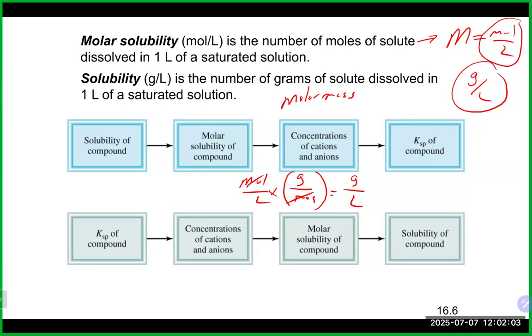At that point, you should do an ice table. And when you do solve in that ice table, that will give you the molar solubility, and then you can use something like molar mass if necessary to take the molar solubility to something like grams per liter. So again, as I mentioned, I would probably recommend maybe the ice table for both.